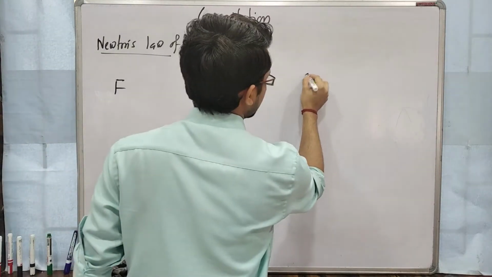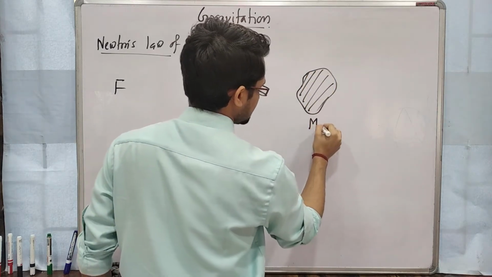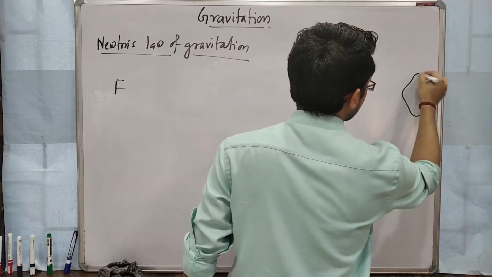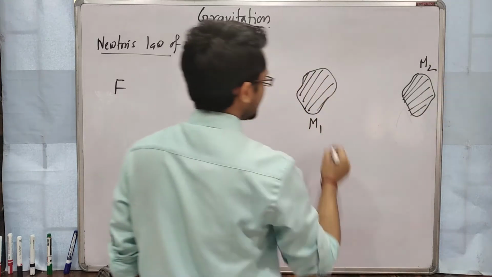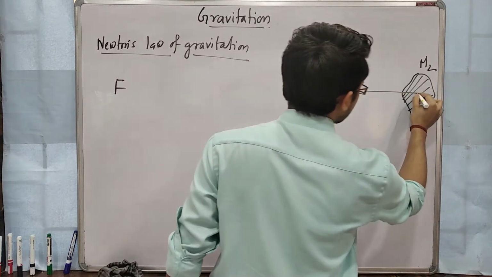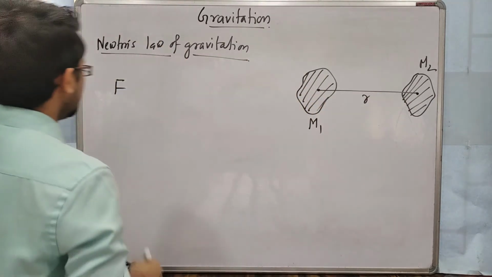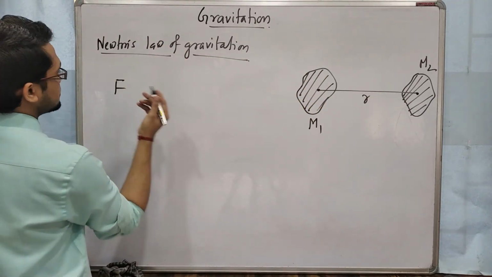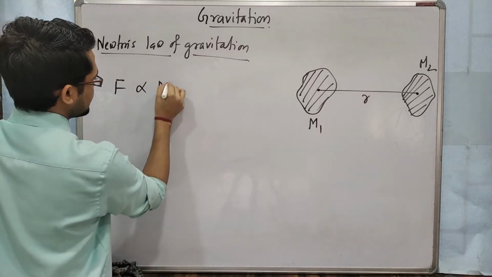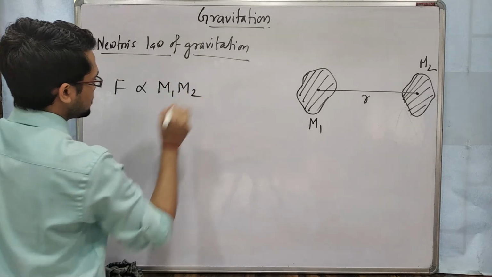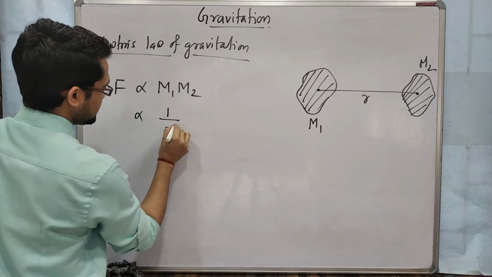If we take any two objects, this is one object of mass, suppose m1, and this is another object of mass m2, and the distance between their centers of mass is r. Then the magnitude of force F is directly proportional to the product of their masses m1 m2, and inversely proportional to the square of the distance between them.